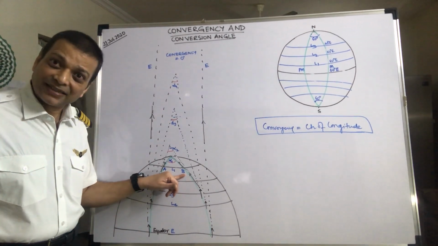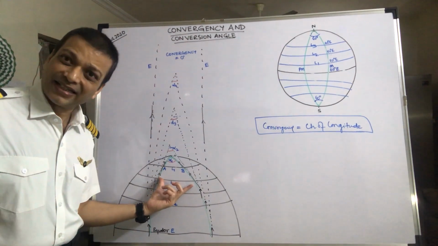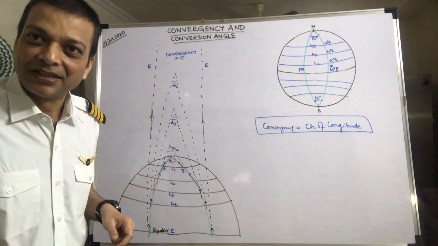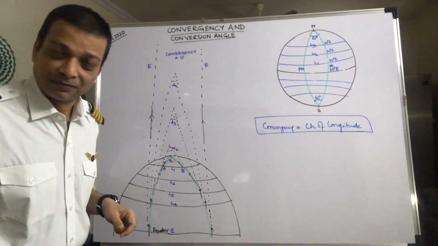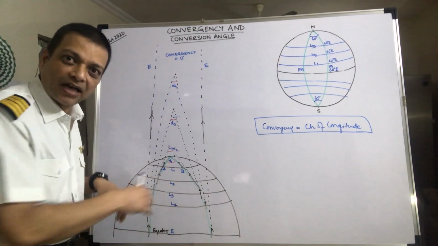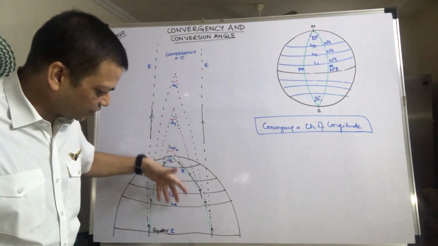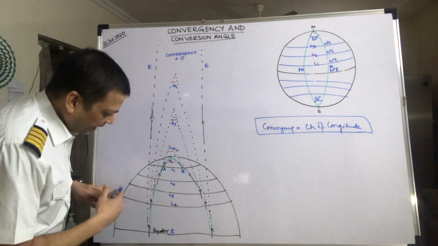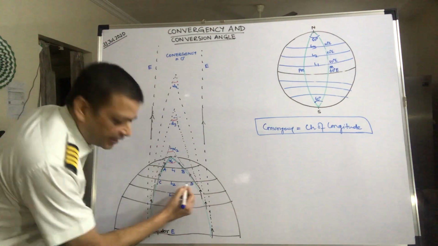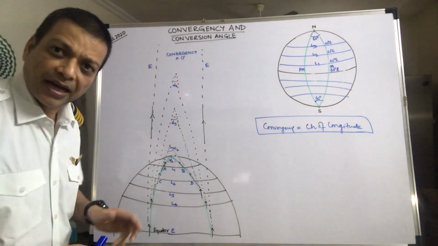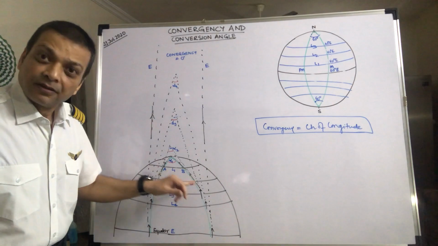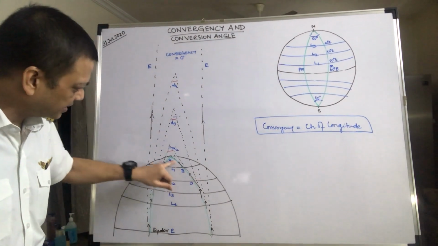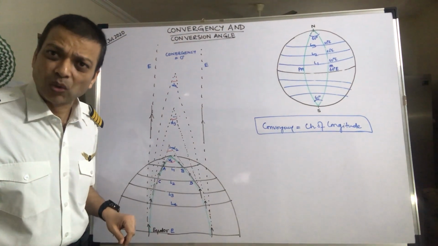Obviously, the change of longitude here is 60 degrees, but the distance varies. The distance is more because the meridians are diverging as they go towards the equator. So if I take points C and D, and draw two tangents over C as well as D, these tangents are not going to meet at the North Pole.